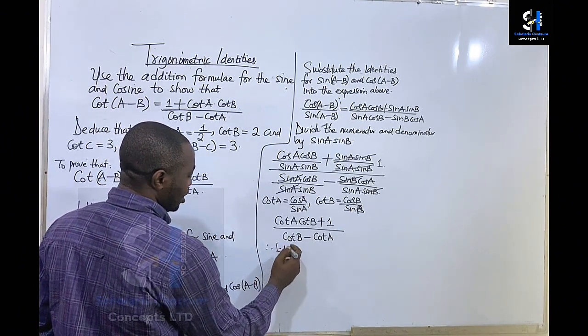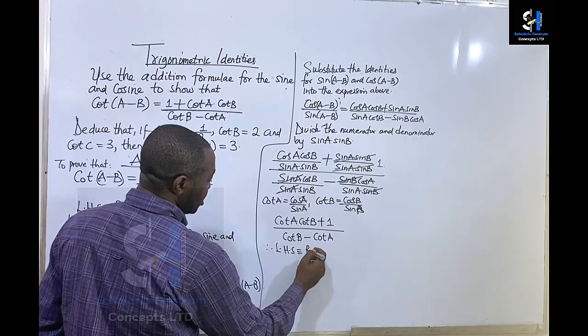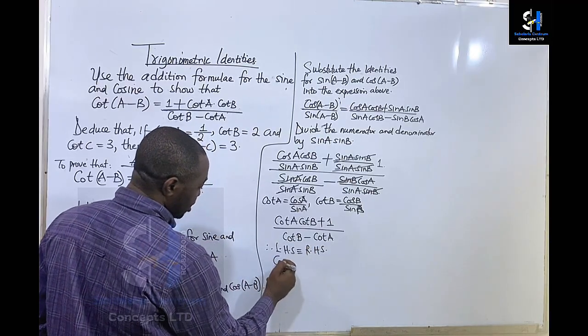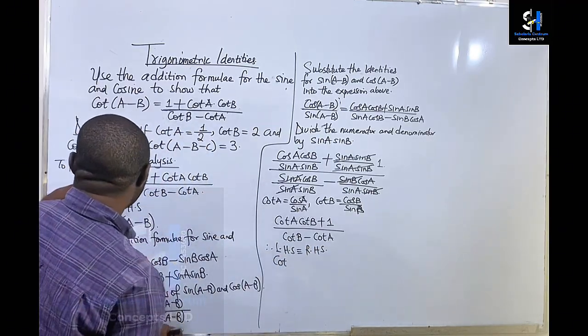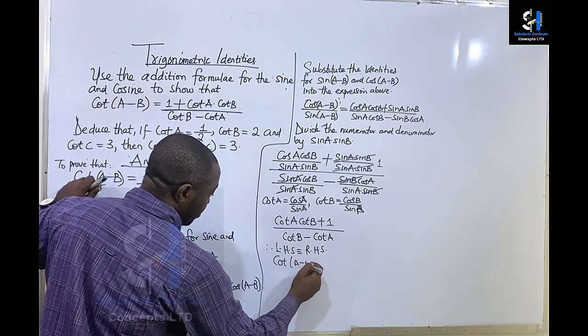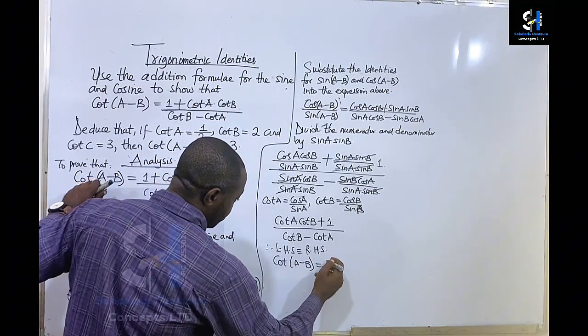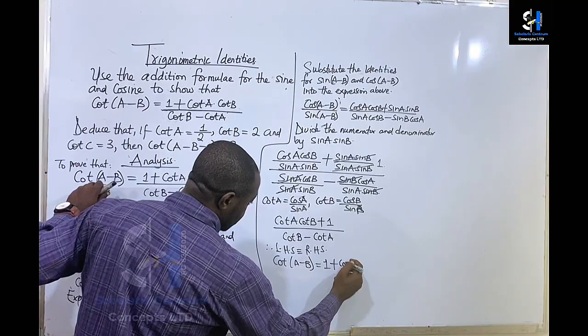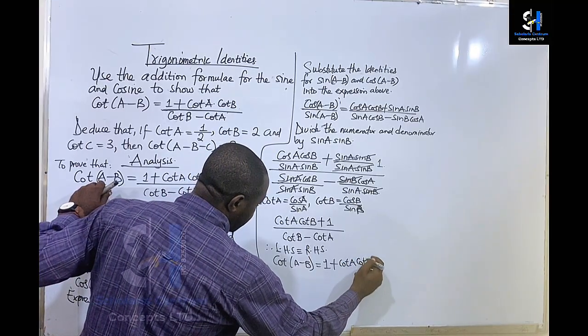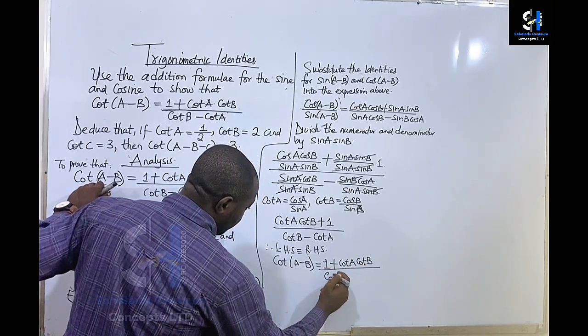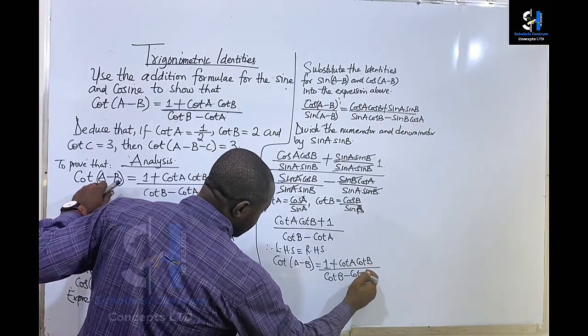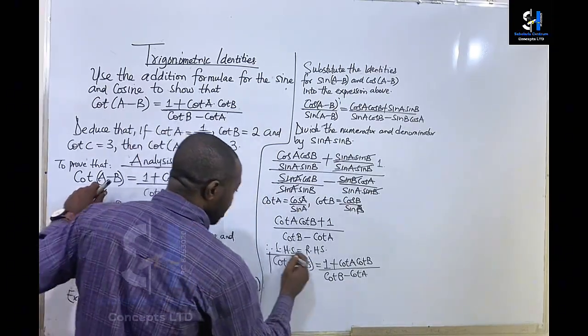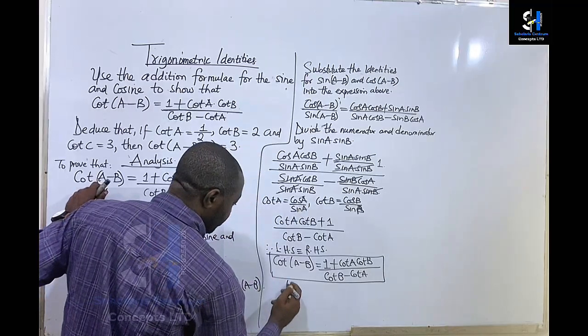So we can say that, therefore, the left hand side is equivalent to the right hand side. The left hand side, cot(A minus B), equals 1 plus cot A cot B over cot B minus cot A. Proven.